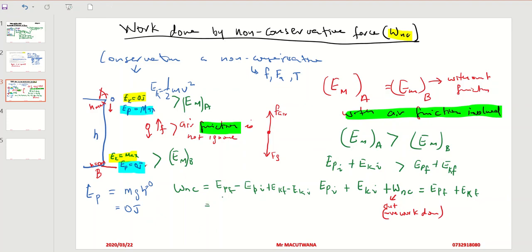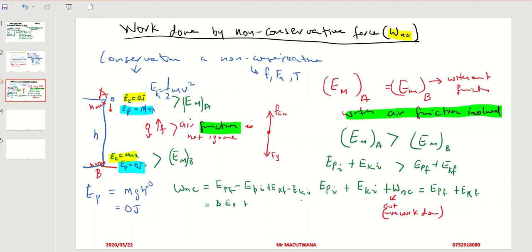Now, I think you can appreciate the fact that this is change in potential energy, because remember, change is final minus initial. So you have change in EP plus, again, this is change in kinetic energy, because you have kinetic energy final minus kinetic energy initial.